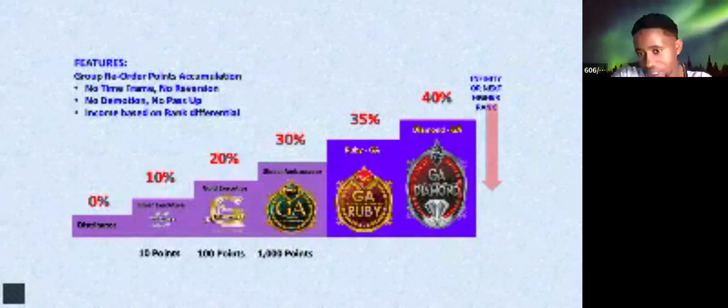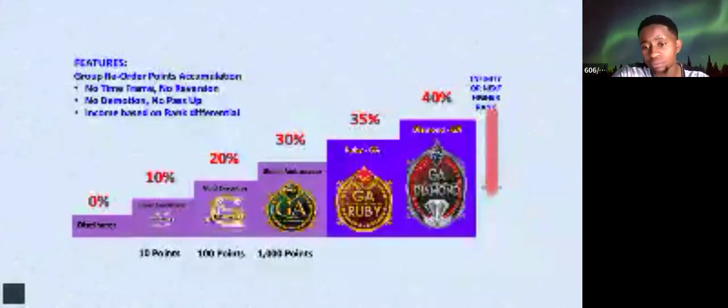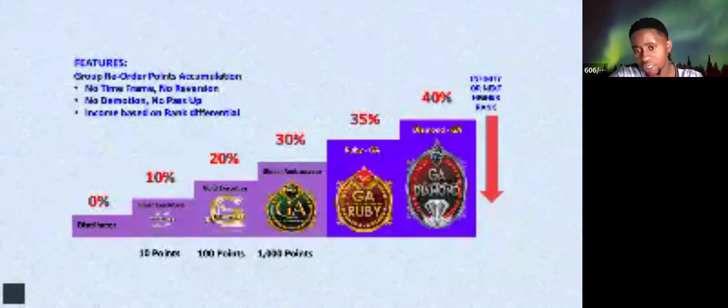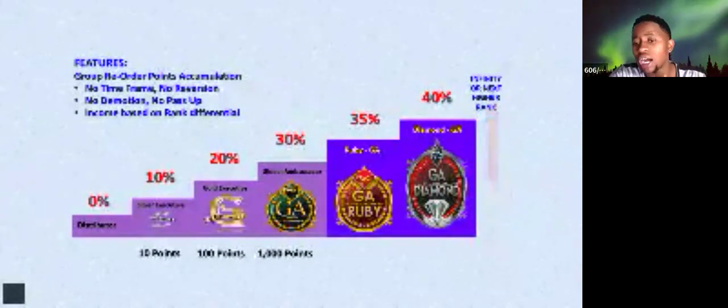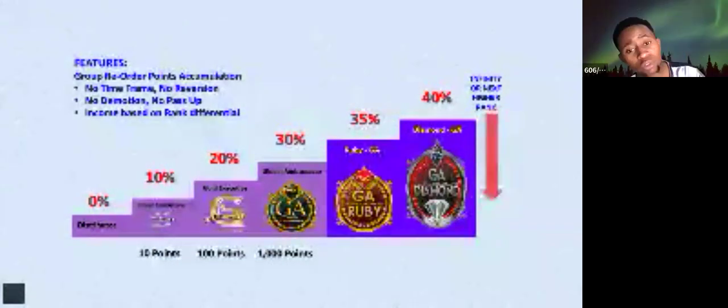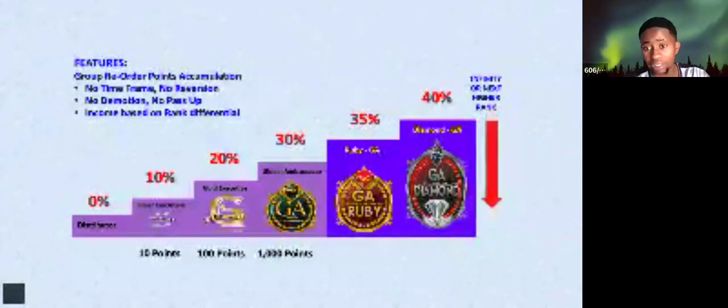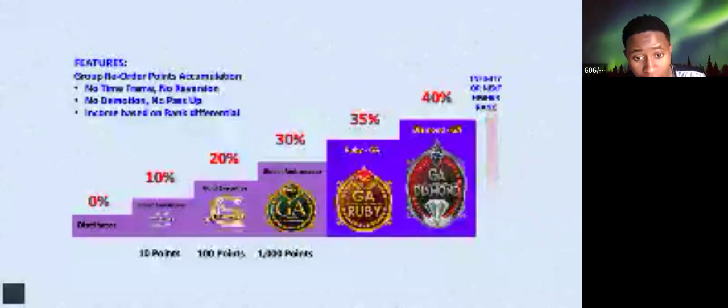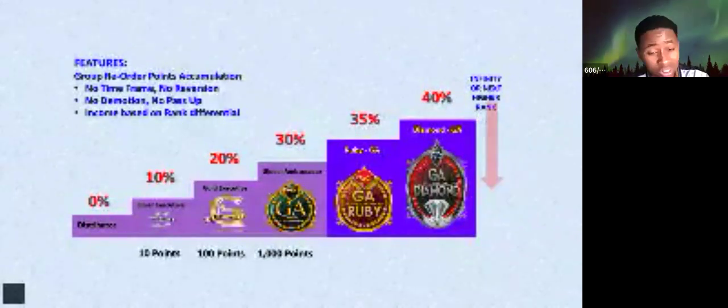If you create 8 legs, you sponsor 8 people, and they become Global Ambassadors, then you become a Diamond Global Ambassador. Now, it takes time for a person to become a Global Ambassador. Like me, it has taken me 6 years to become a Global Ambassador from when I began up to now, because I'm very close to it.